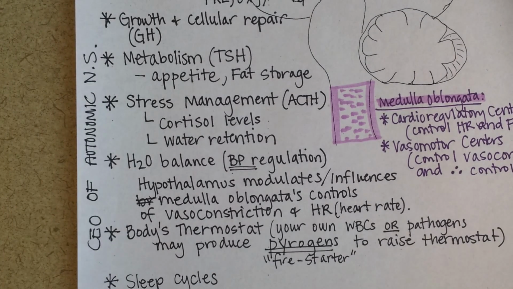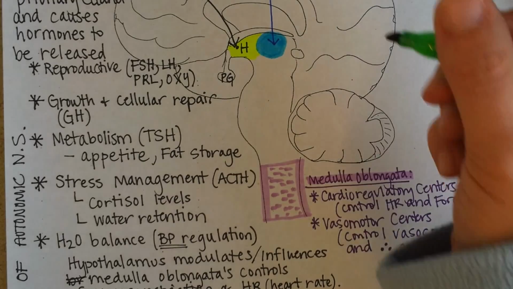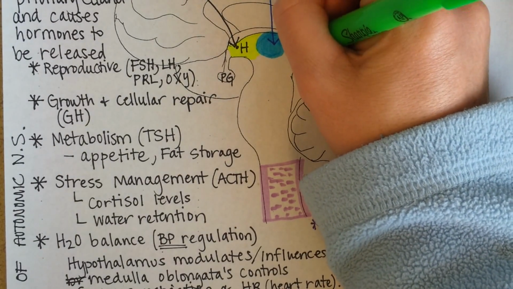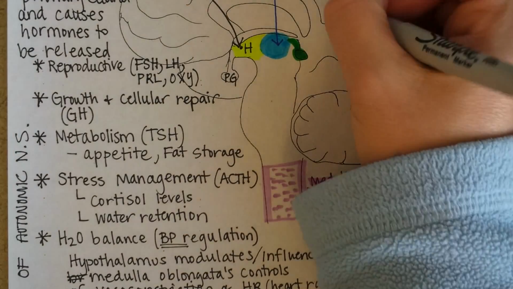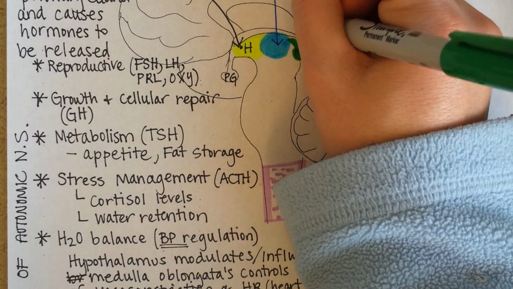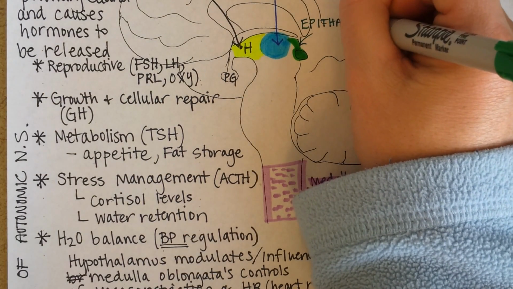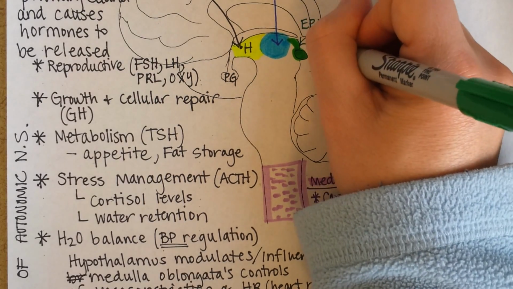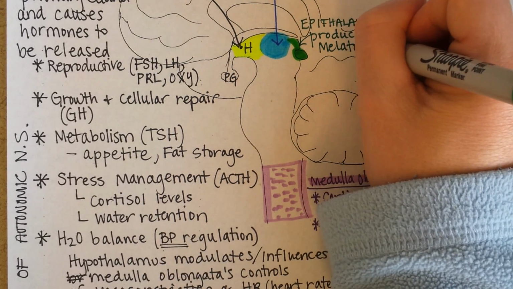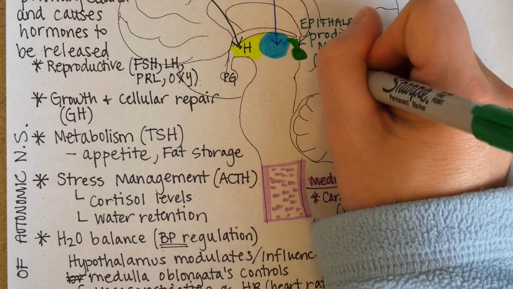Okay, and then the last little part of the diencephalon is the epithalamus. We'll just put this right here. It produces a hormone called melatonin from a little part of it called the pineal gland.